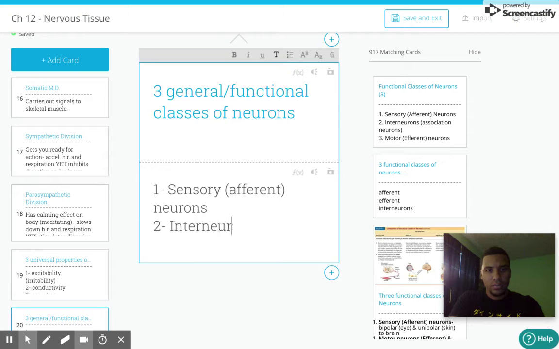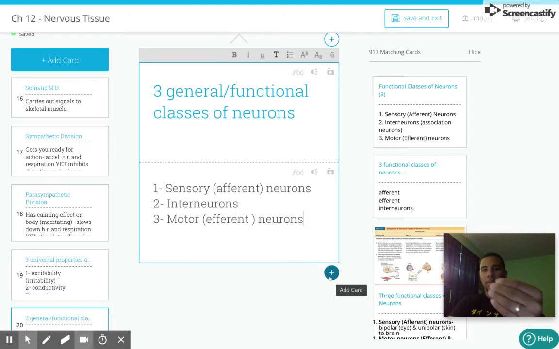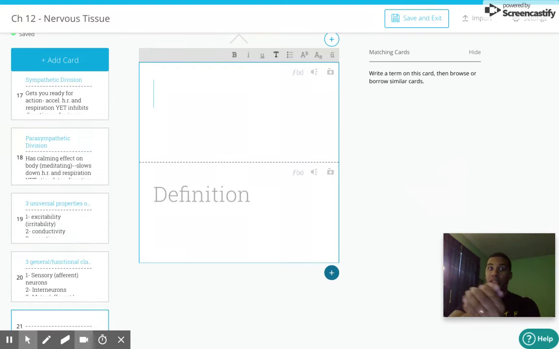And the third one, motor or efferent neurons. These are the ones that actually carry out the message to the effector, to that cell or gland that actually receives the information and actually does the output.